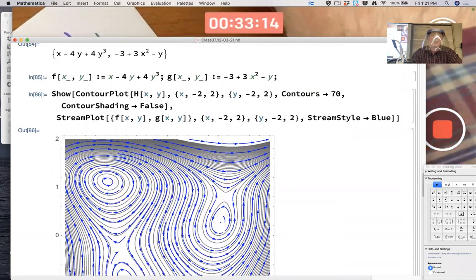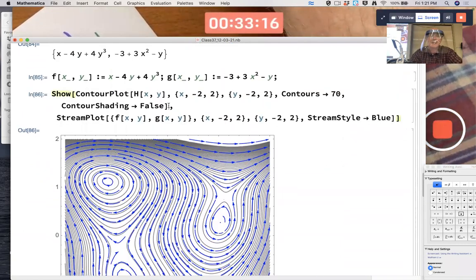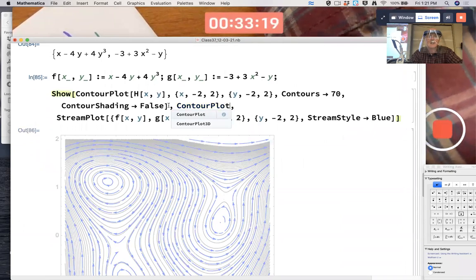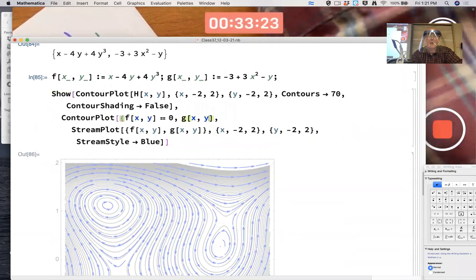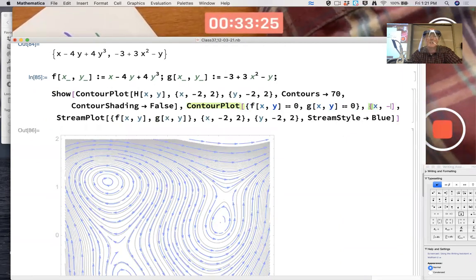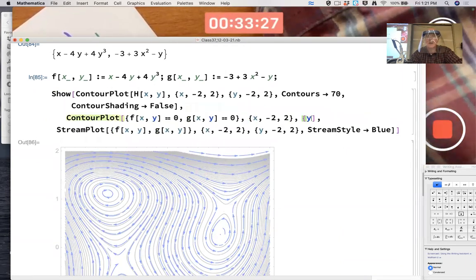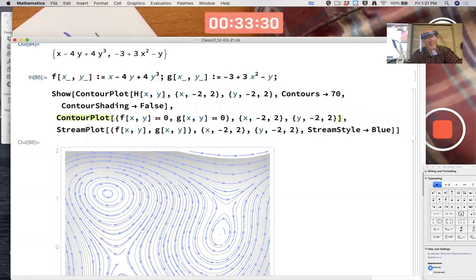Could I graph them? Sure. Do ContourPlot again here. F of x,y equals 0, G of x,y equals 0. Those are going to be the null lines. They're no longer going to be horizontal and vertical, but maybe not too far from horizontal and vertical.